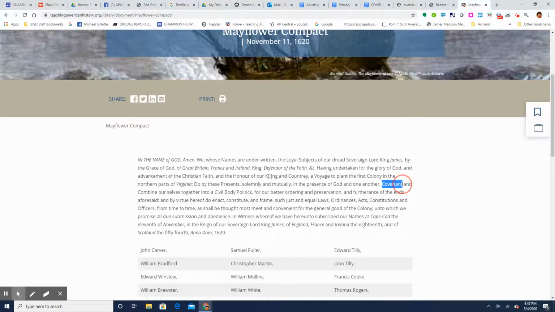Okay, covenant is a biblical term. A covenant is usually made between God and his people, and that's the way the Puritans saw themselves. This is what we call covenant theology. The colony they're building in the northern parts of Virginia is essentially part of a covenant.